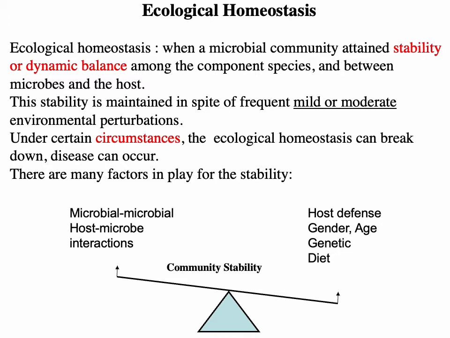So any drastic changes in that seesaw, in the equilibrium, will result in a condition causing disease, and most likely some of those normal microbiota are going to be causing trouble, leading to the next slide, which is called opportunistic infection.